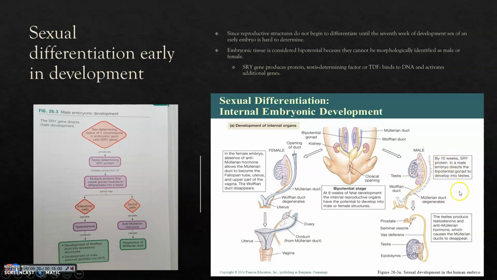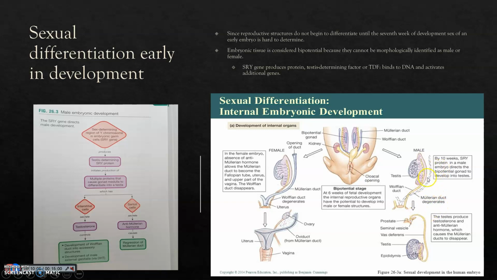So by week 10, that SRY protein in the male embryo directs the bipotential gonads to go ahead and start developing into testes. So see, at week 6, we are bipotential, and by week 10, the SRY gene is active, right? And it's going to begin developing into the testes. So when that happens, we start getting secretions of testosterone from interstitial cells, and also anti-Müllerian hormone from Sertoli cells.